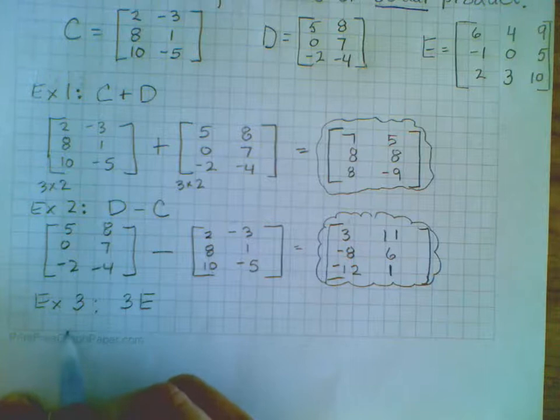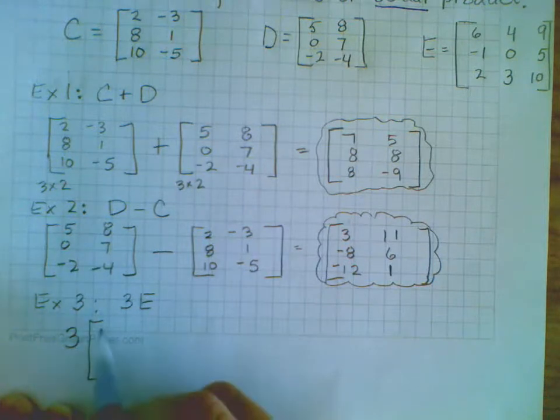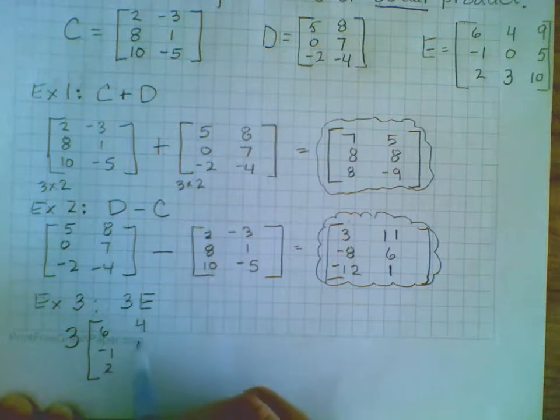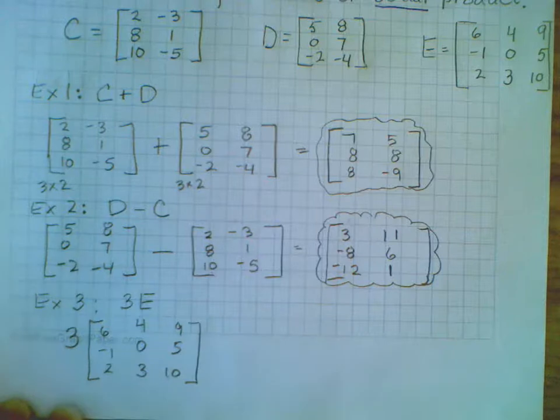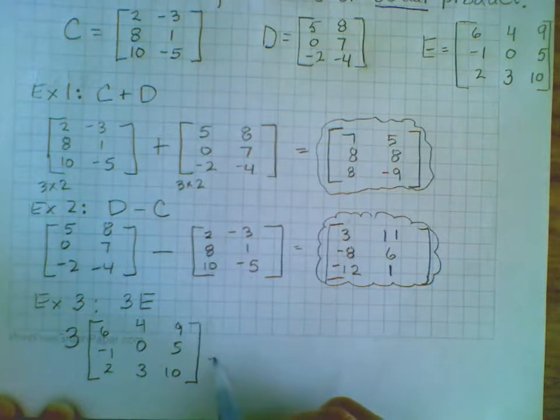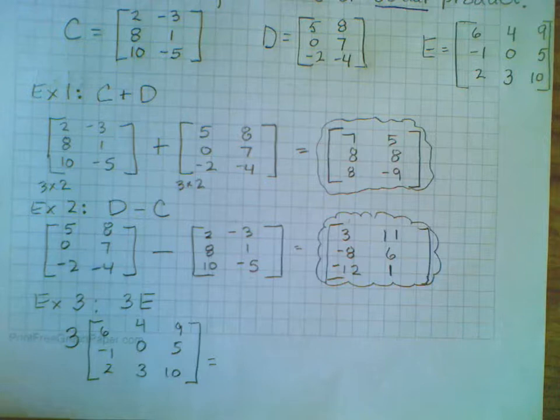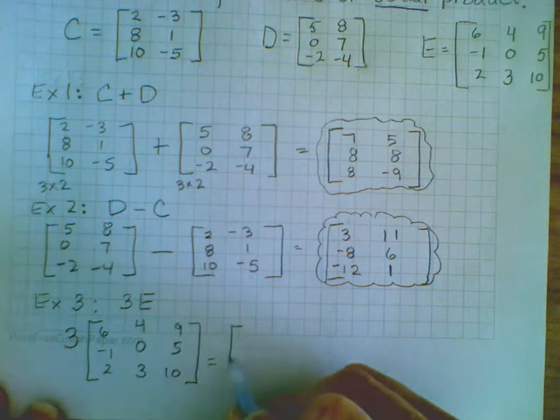So it'll look kind of like this initially. With scalar multiplication, you're going to just multiply each entry in that matrix by 3. So you're just going to triple everything, and that will give you your answer matrix.